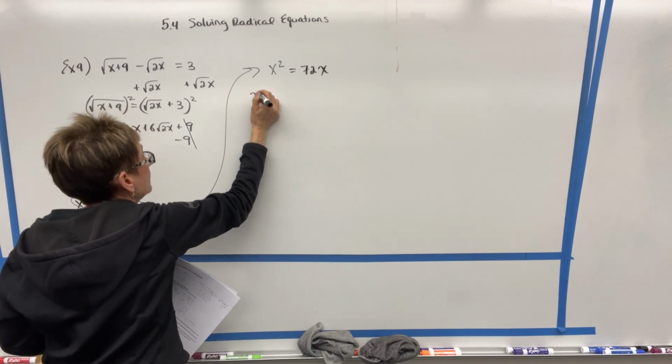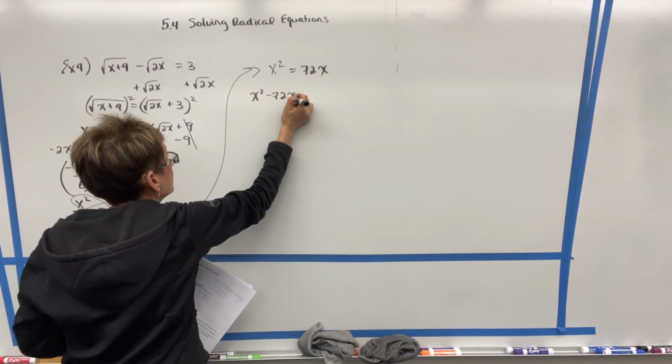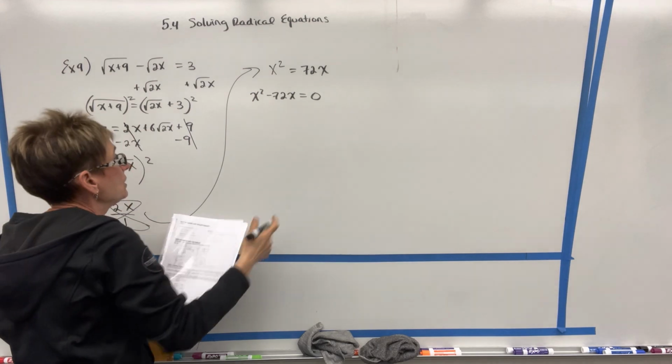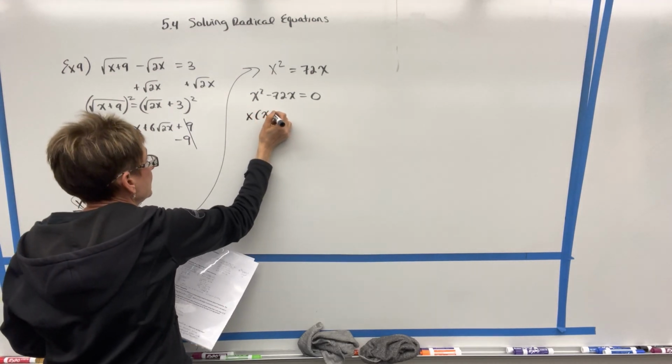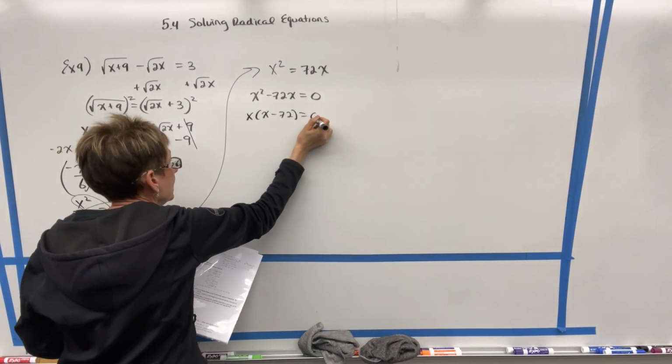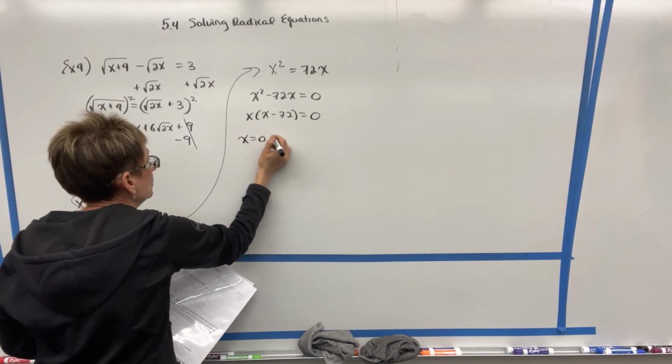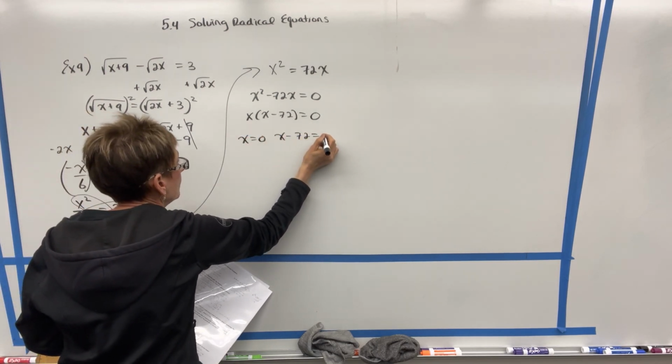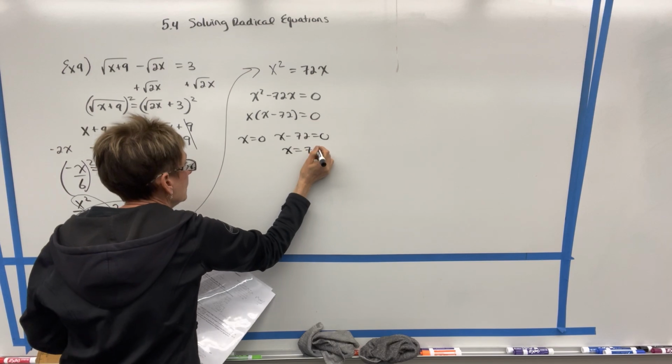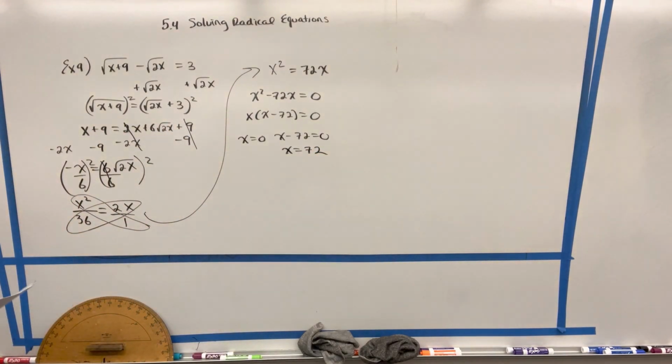I'm going to subtract 72x and then take the GCF, so x times x minus 72, and then set each equal to 0. So I've got two solutions, 0 and 72.